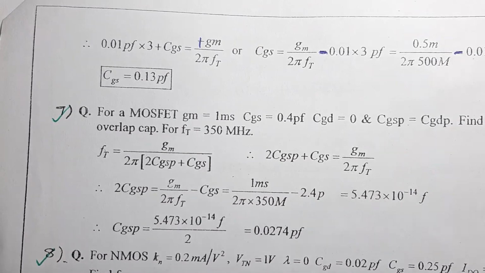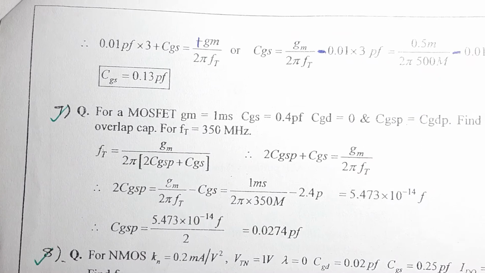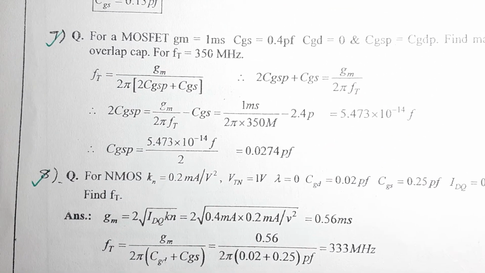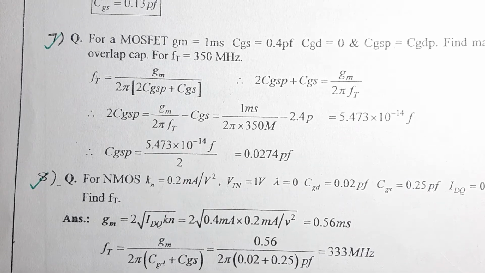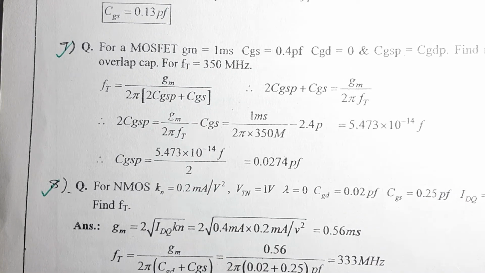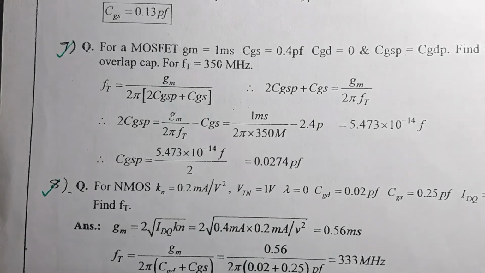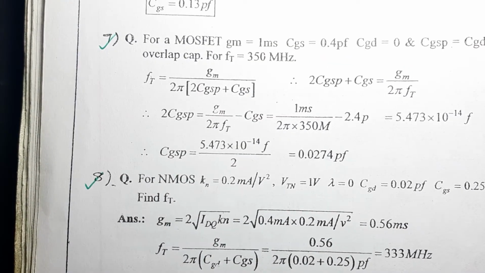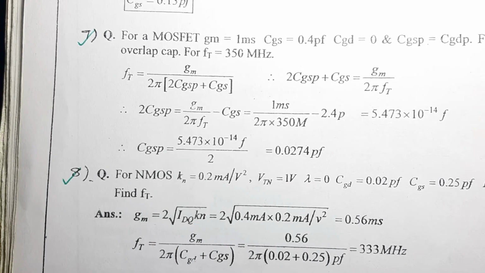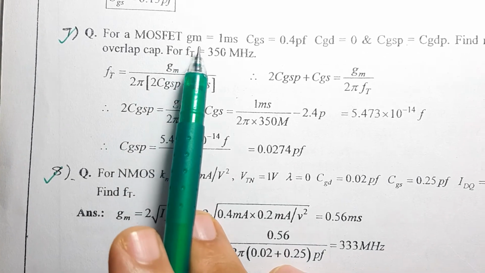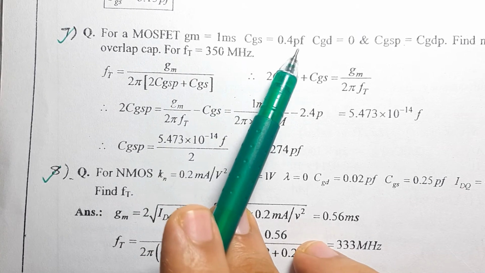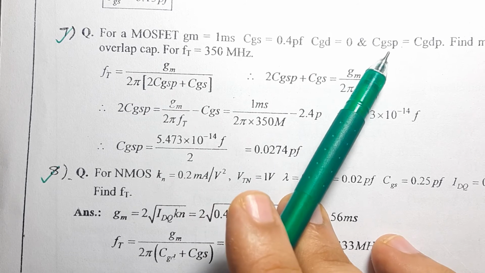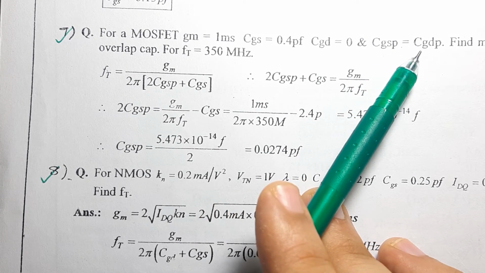Now for a MOSFET, your GM is given as 1 millisiemens, your CGS is given as 0.4 picofarad, your CGD is given as 0, and CGSP is equal to CGDP.